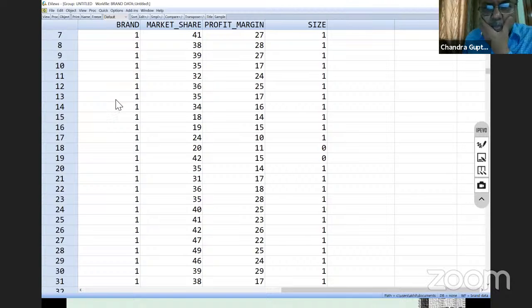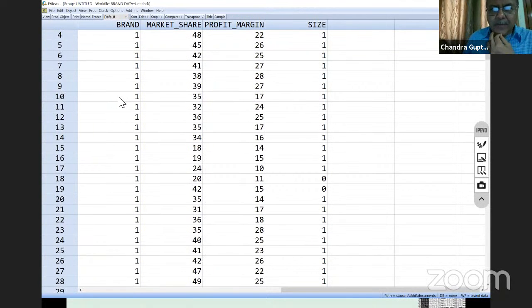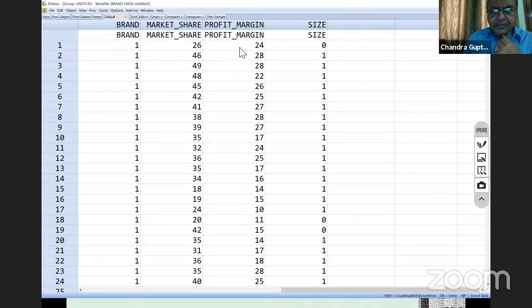So we are taking a problem, and the problem is what makes a company's brand more valuable. When I say more valuable, that means, do we have a strong brand or a weak brand?